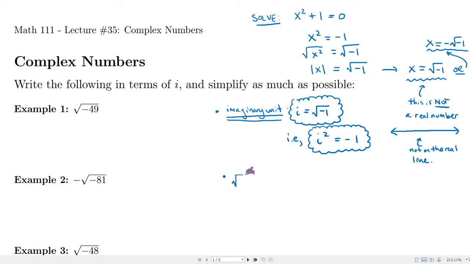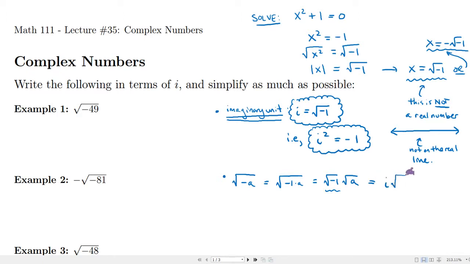Let's say that I want to take the square root of negative a. Well, we have properties of roots that say that we could break that up. Negative a is the same thing as negative 1 times a, and we could break that up as the square root of negative 1 times the square root of a. And the square root of negative 1, we just gave that a name. We gave that i.